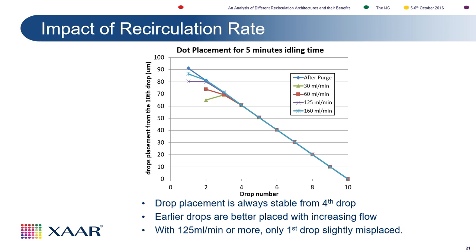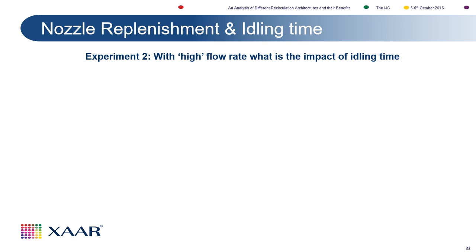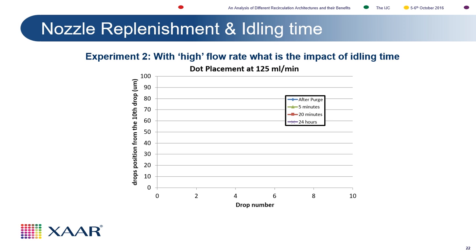The second experiment in the series is, with a higher flow rate, what is the impact of the idling time? We left the inkjet recirculating, we picked a high flow rate this time, and then left it recirculating for a certain amount of time and then measured the print quality.